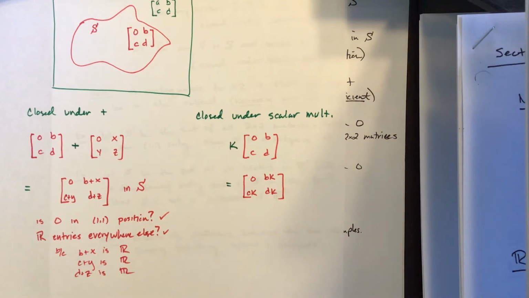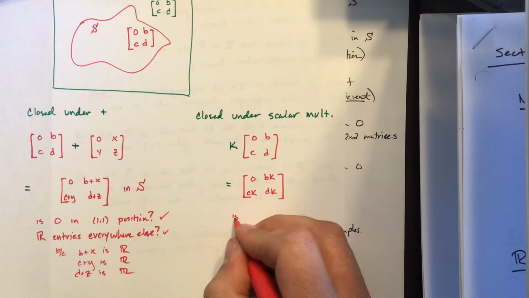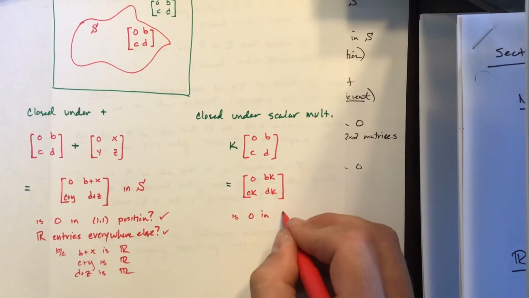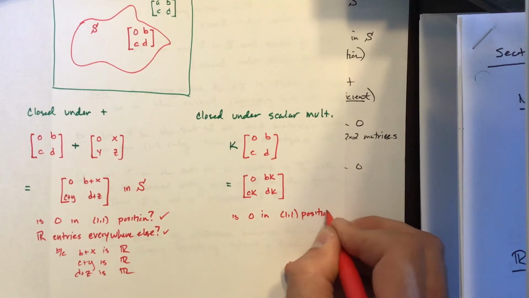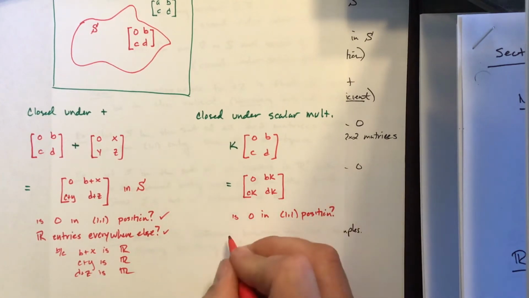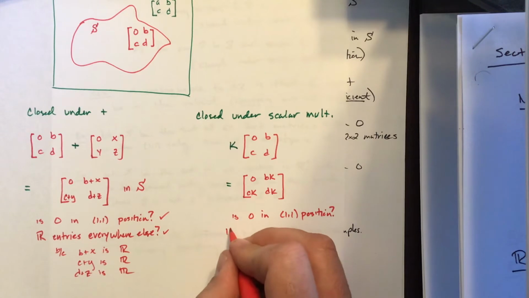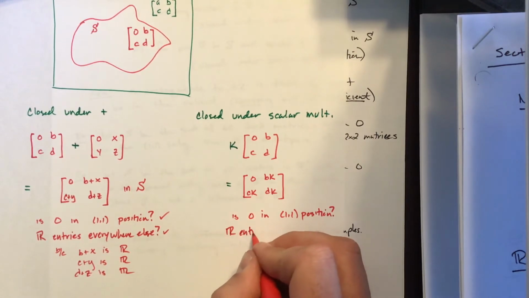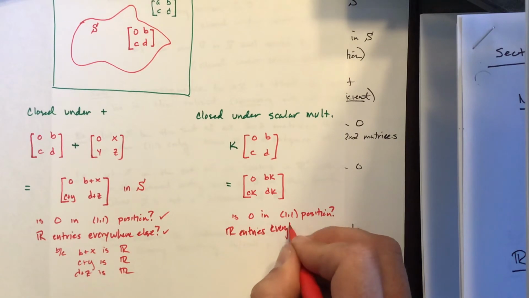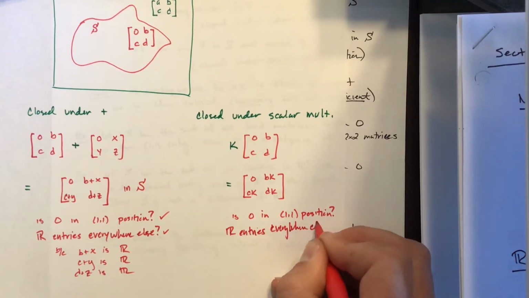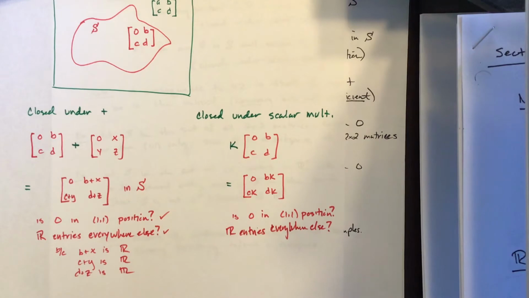Is there a 0 in the 1, 1 position? The answer is yes. Are there real entries everywhere else? Well, b is real, k is real, so bk is real, ck is real, and dk is real.